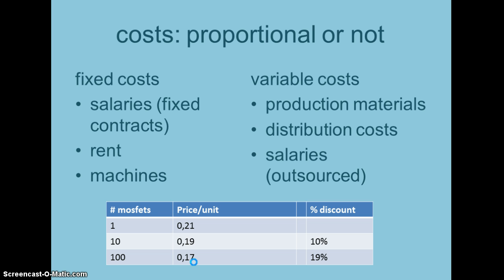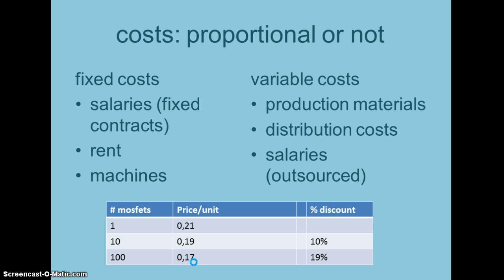Then distribution costs, whatever it needs to get your stuff to your client, also varies obviously with the number of units. And then salaries for as much as they're outsourced. So especially seasonal work, and where you outsource, for example, to job agencies, there your costs are proportional to what you do in a certain way.